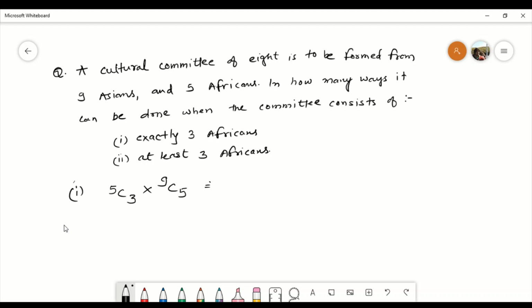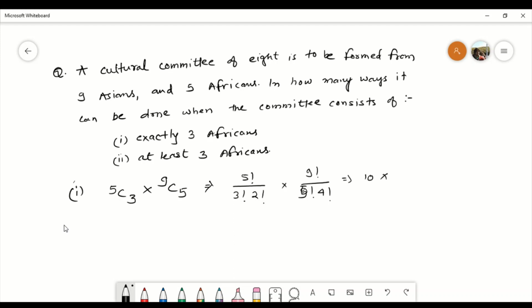So this will give me the total number of ways of selection, which is 5 factorial upon 3 factorial into 2 factorial, and 9 factorial upon 5 factorial into 4 factorial, right? So 5 factorial by 3 factorial is 5 into 4 divided by 2, so this is 10.